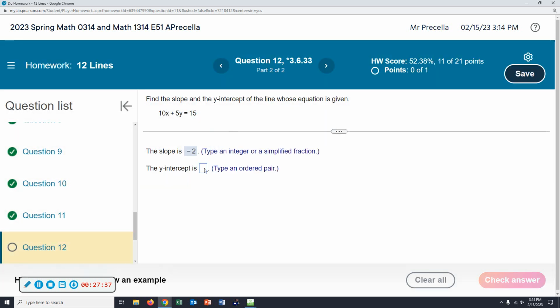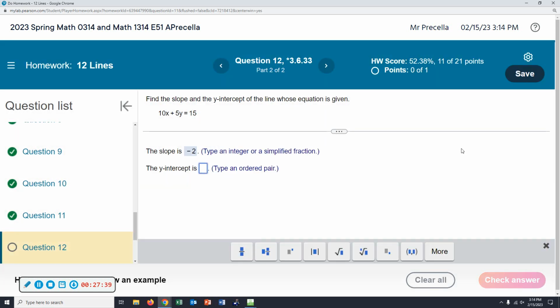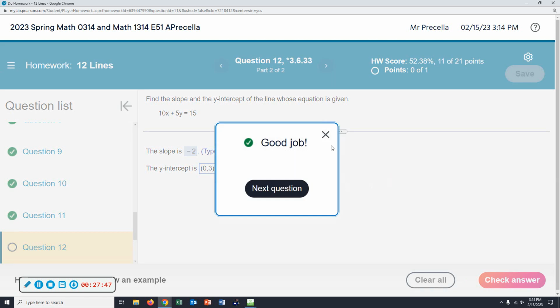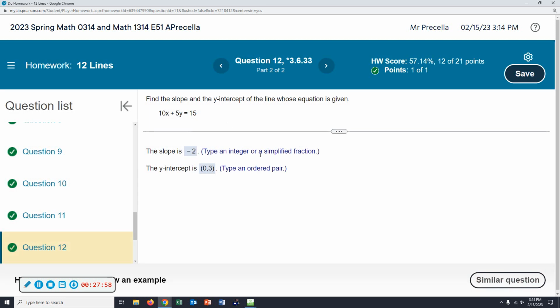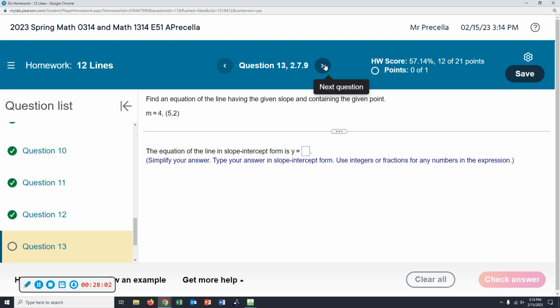What did you say it is? (0, 3)? Parentheses 0, 3, parentheses. Okay. And now we're ready to start writing those. Up to this point, we've been given the equations. Now, this is what I was going to jump to earlier.